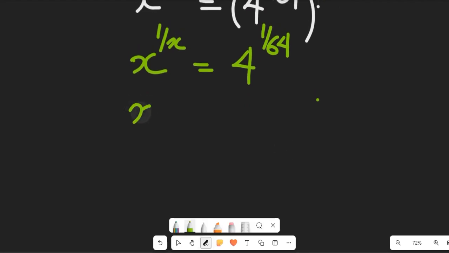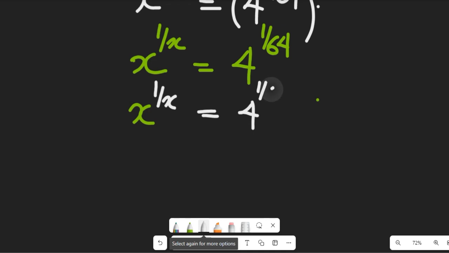If I have x to the power of 1 divided by x, I can say this is equal to 4 to the power of 1 divided by 64. Let's say I multiply the power by 2 divided by 2. I have not changed anything because 2 divided by 2 is still equal to 1. So that will still give me the power of 64.